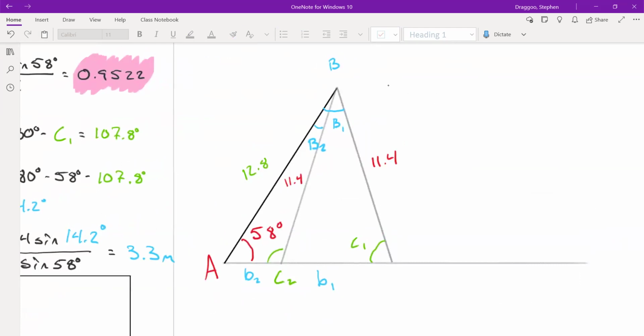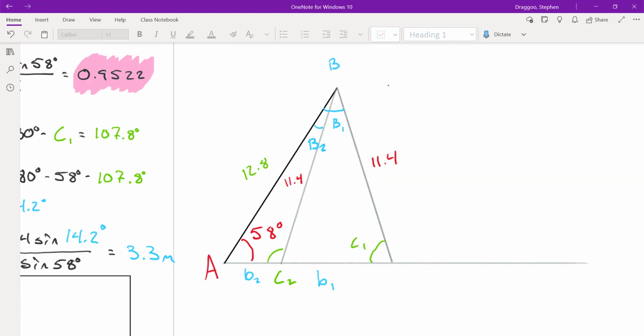I know that this darkened inside, the 12.8, is given at the beginning. I know angle A, that 58 degrees in the corner, is given. And then I have to drop a side length down of 11.4 from point B down to connect to angle A. But there are two different sides I could draw in, both with a length of 11.4, that connect down to angle A, which is why I have those two triangles.